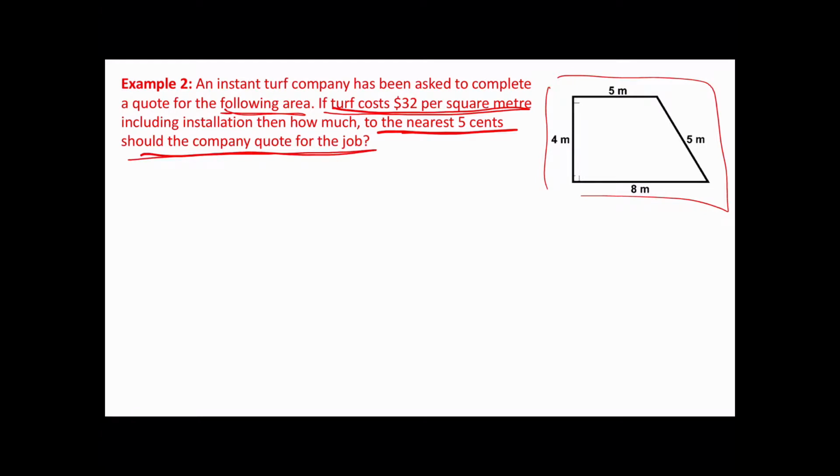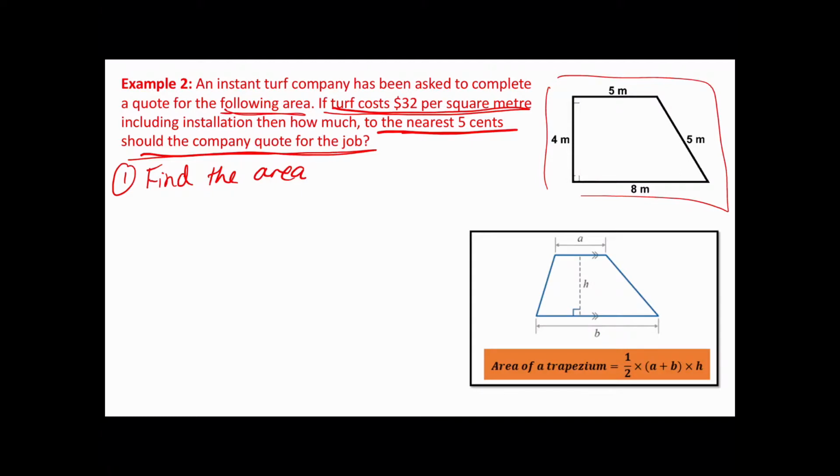Now, the first thing I think about is I know how much I have to quote them per square metre, but I don't know how many square metres of turf that they need. So step 1 is going to be find the area of that shape. I'm going to get up my little formula and diagram there to help me.